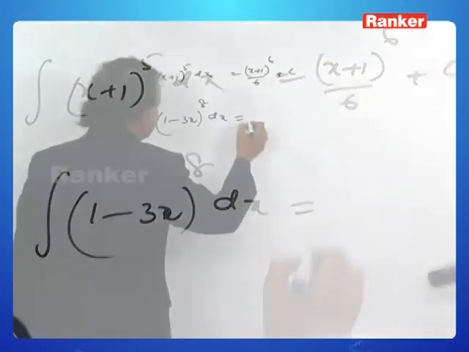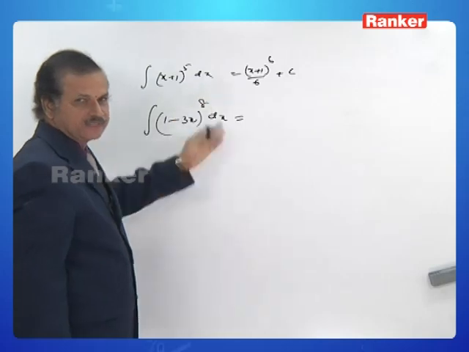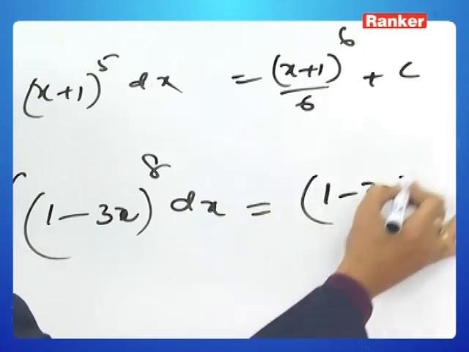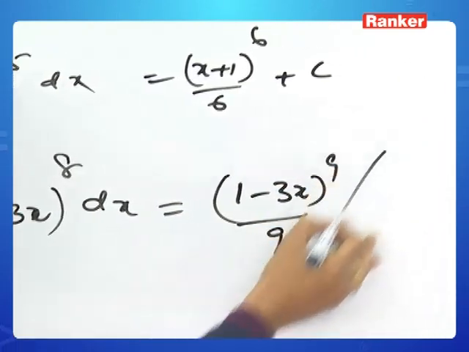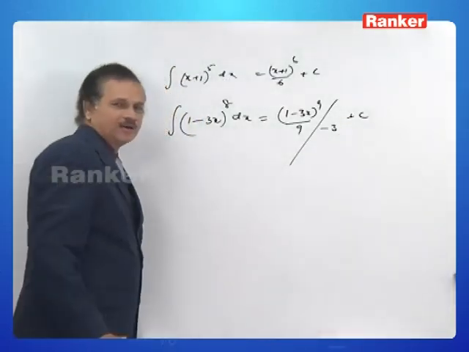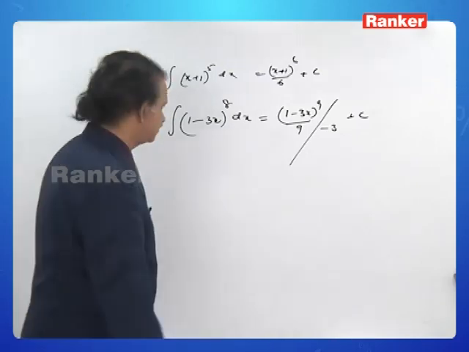Come on, what is it? It is of first degree. It is in the shape of x power 8, so its integral is x power 9 by 9, divided by the derivative of this, which is minus 3, plus c. So the total integral is 1 minus 3x whole power 9 by minus 27 plus c.